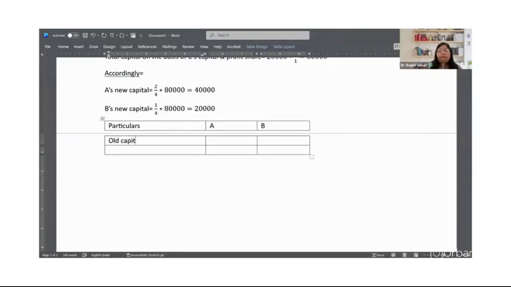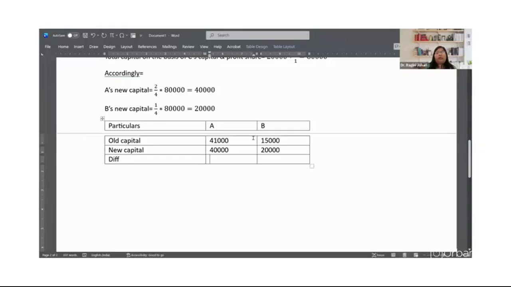Old capital is 45,000 and 15,000, and new capital is 40,000 and 20,000. Okay, right? And let's find the difference.